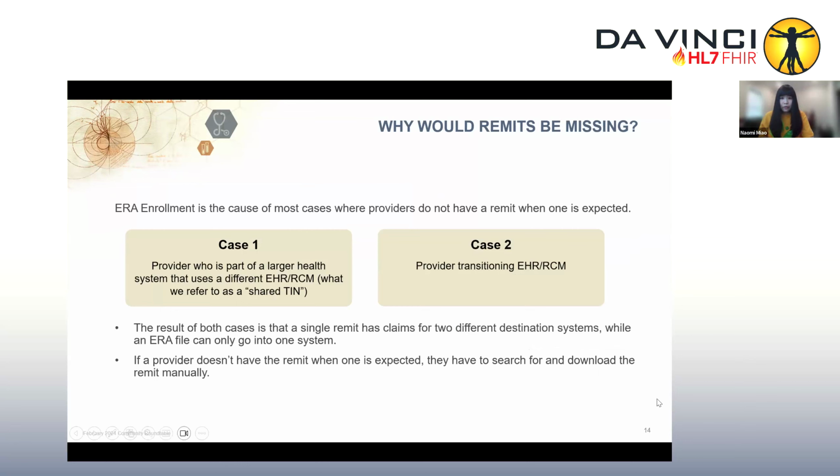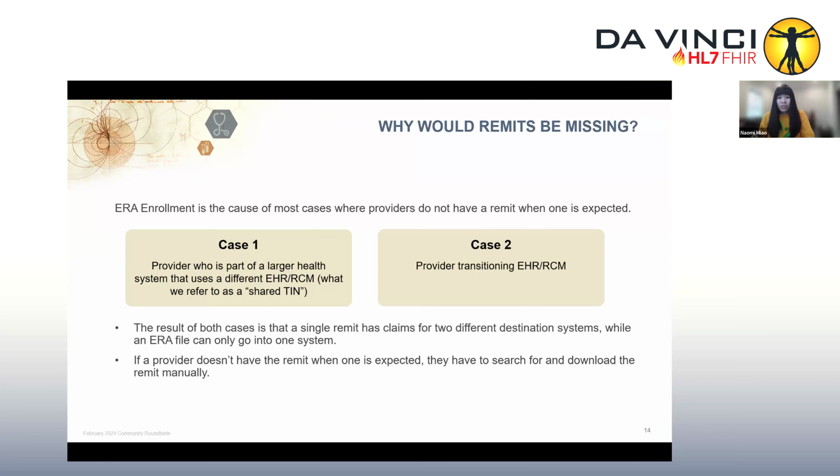So there are a couple of prevalent reasons why a remit can get lost. Remits tend to get lost regardless of whether there is an ERA enrollment or not. And sometimes the ERA enrollment isn't even an option. So just to preempt some of the questions that came up in the past, like, does an enrollment just fix this problem?